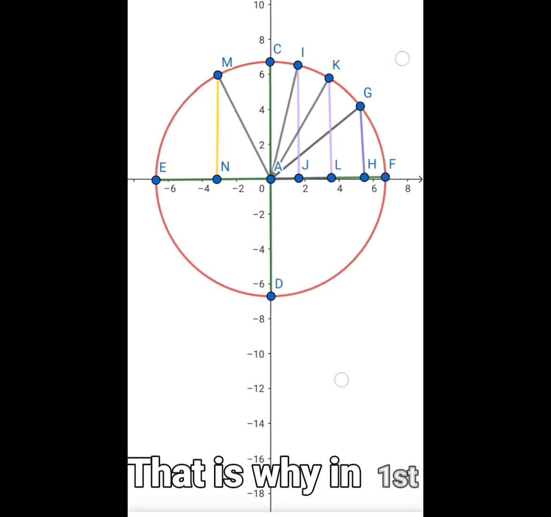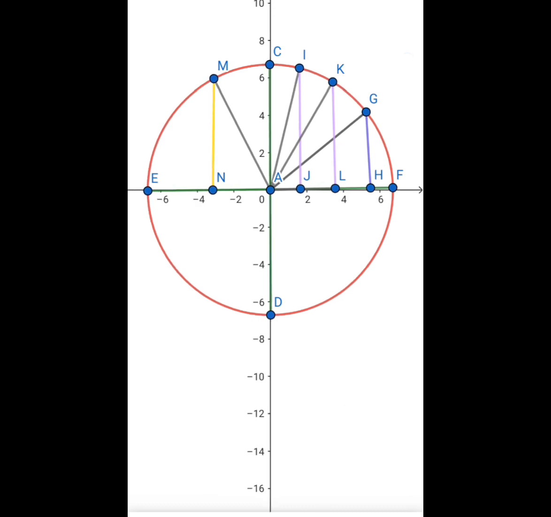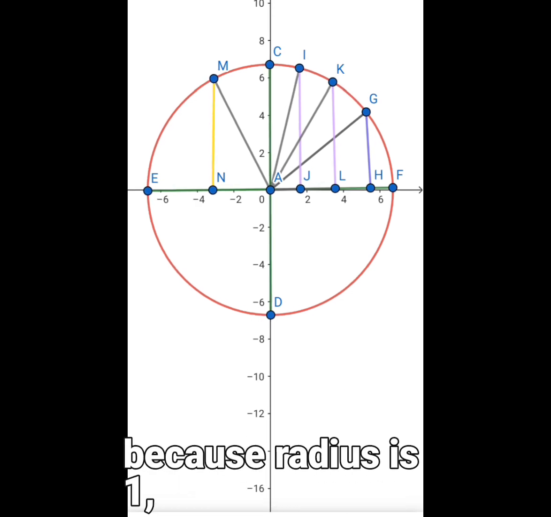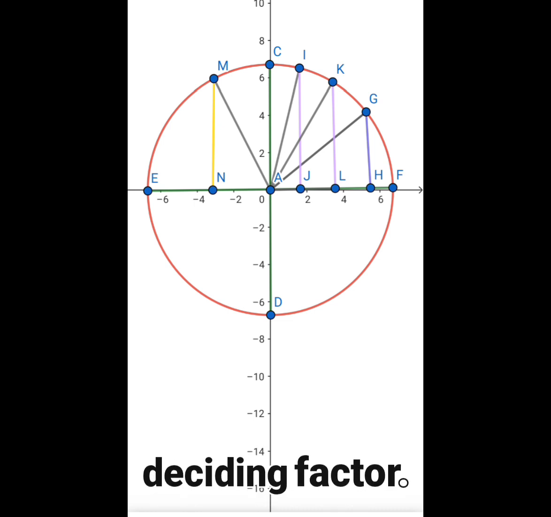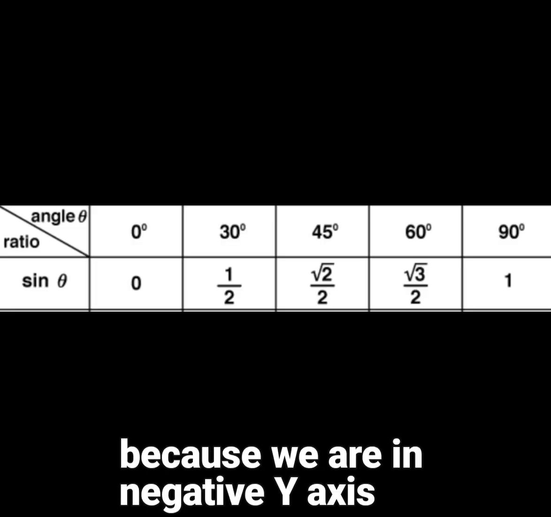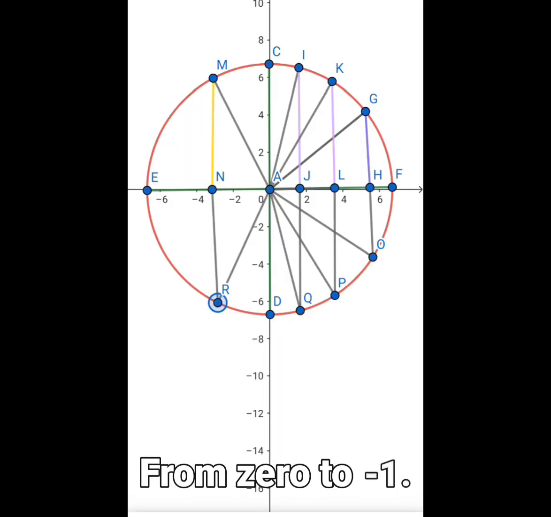That is why in the first and second quadrant it will remain positive. Then in the third quadrant, again because radius is 1, perpendicular would be the deciding factor. But this time because we are in the negative y-axis direction, it will take negative values from 0 to -1.